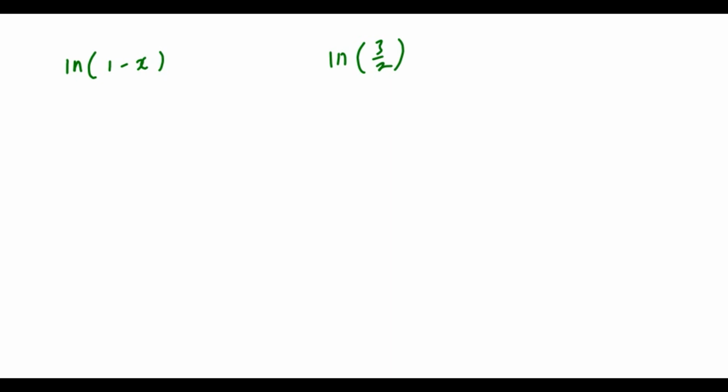So if you go to your calculator, you say ln of 3 over 2, which is 1.5, my calculator is giving me 0.40546510810816, something like that.